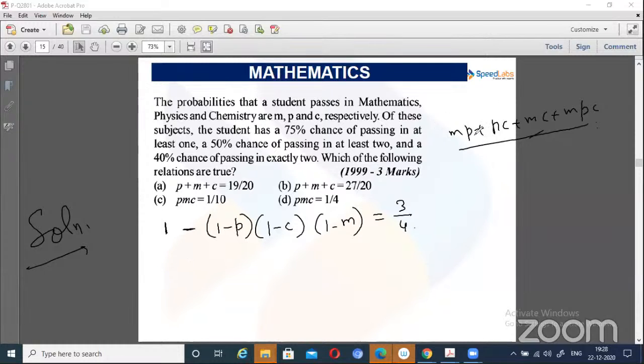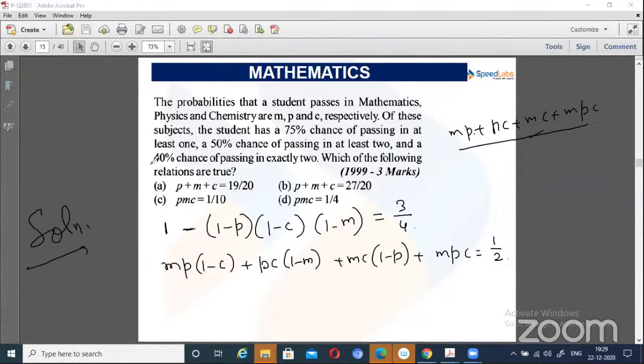Okay, passing in two means failing in the other. So it will be MP into (1 minus C) plus PC into (1 minus M) plus MC into (1 minus P) plus MPC is equal to half. And a 40% chance of passing in exactly 2. Passing in exactly 2 is equal to 2 by 5.